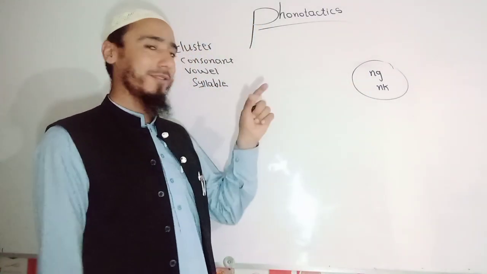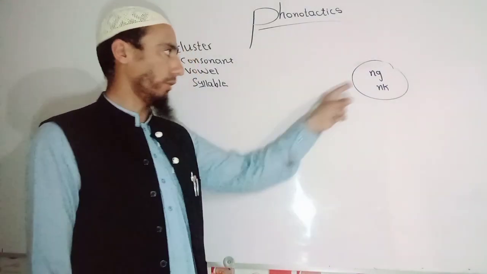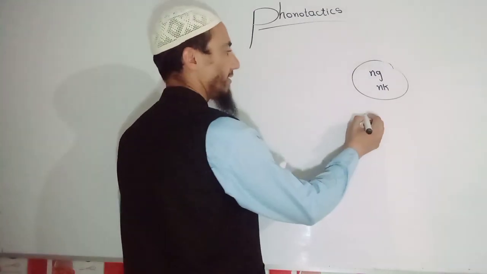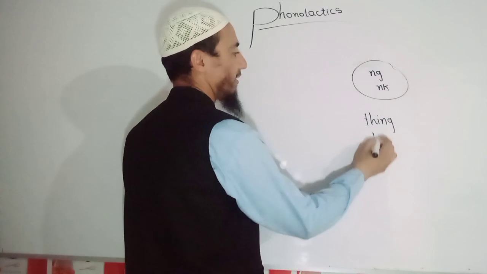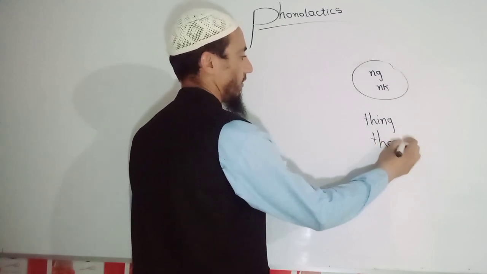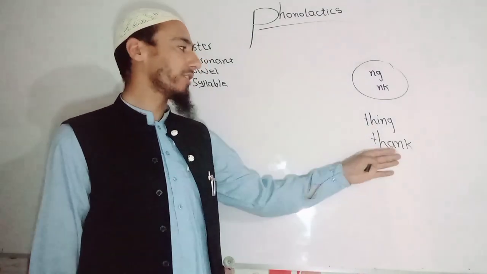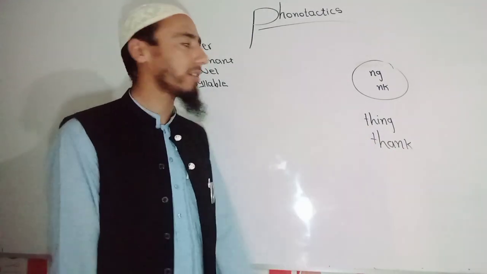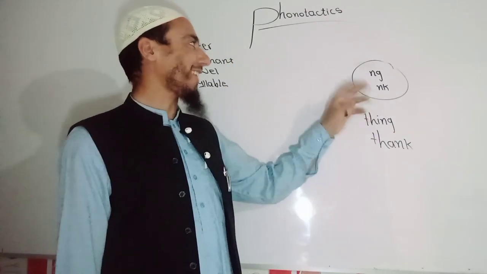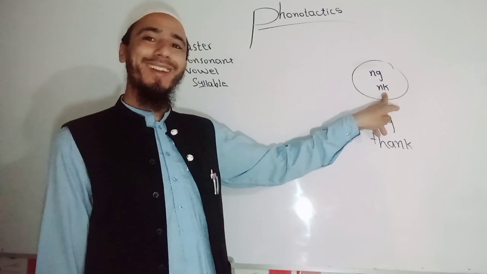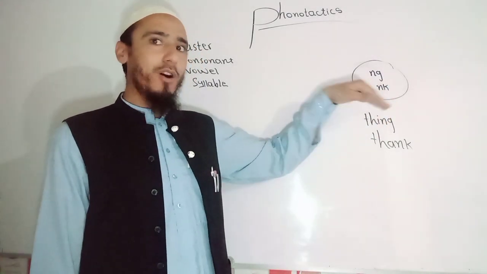This is one restriction in phonotactics which we study. For example, I can say thing, or think. This is thing, and this one is think. Now, I can't write a word which starts with ang or ing.